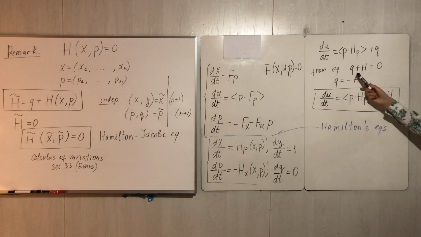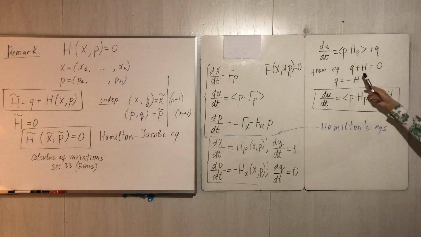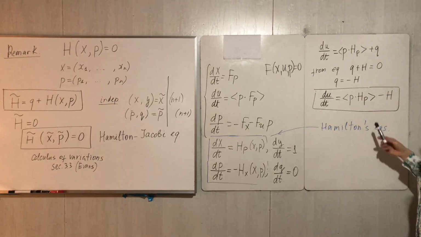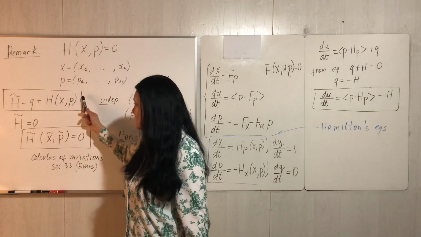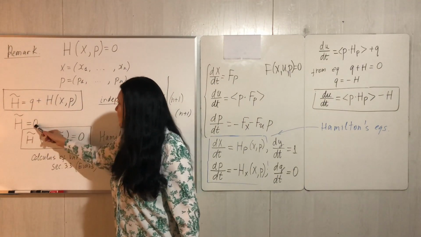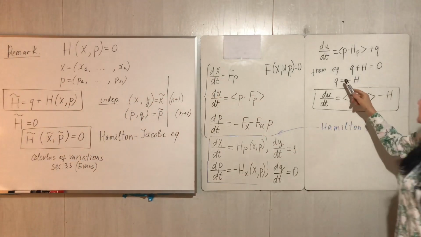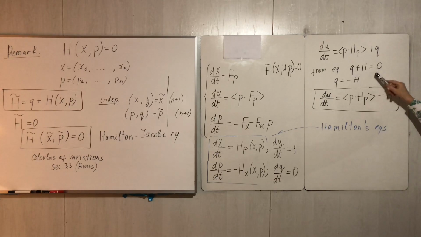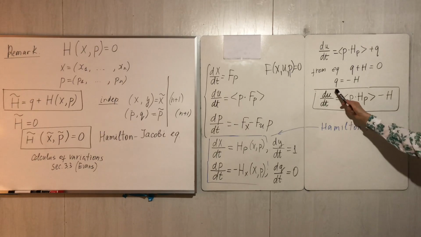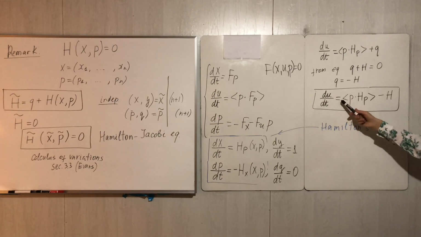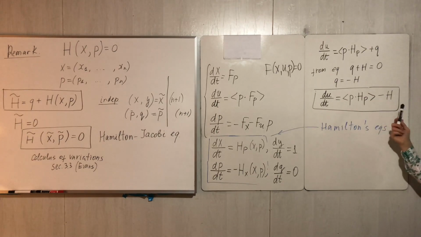Now we can rewrite it without using q, because our original equation is q plus h equals 0, right? H tilde equals 0 means q plus h equals 0. So q equals negative h. So then our equation for u is written p times h_p minus h, so everything in terms of h.